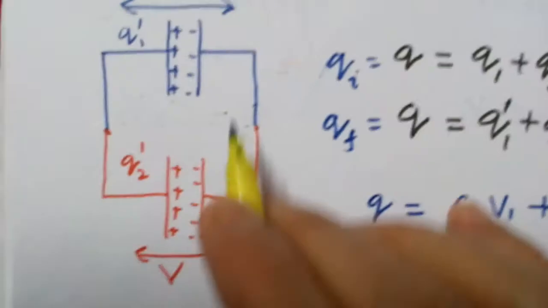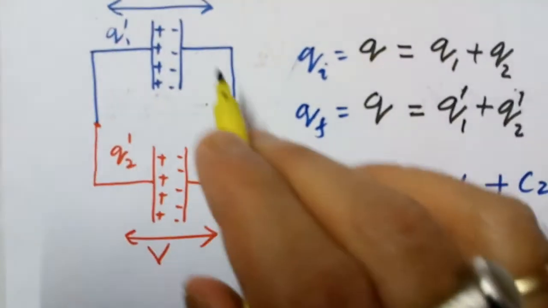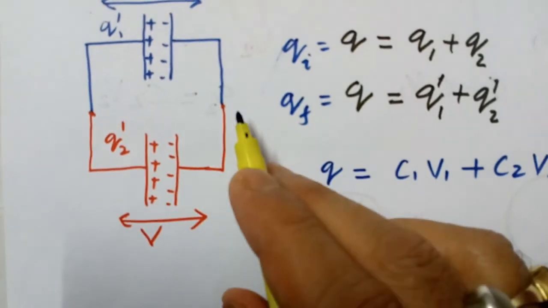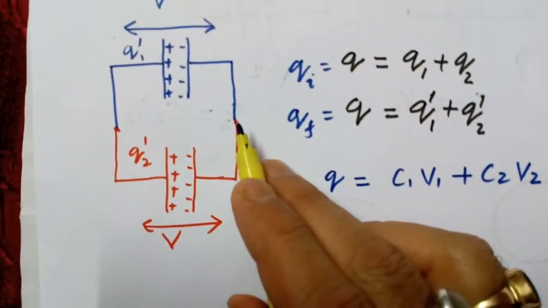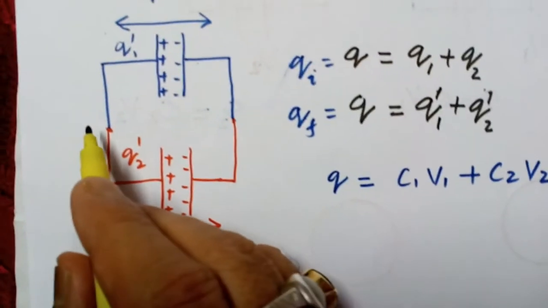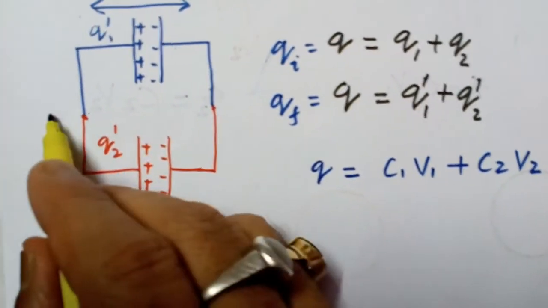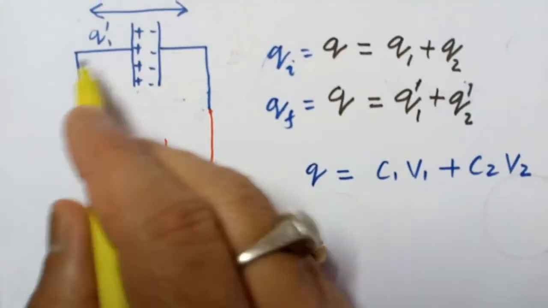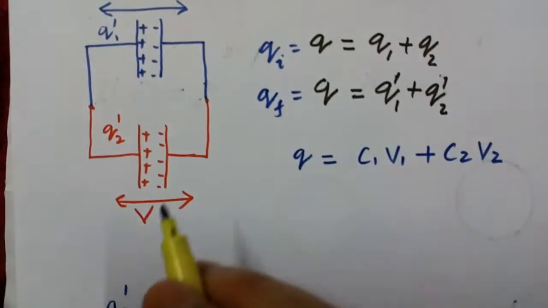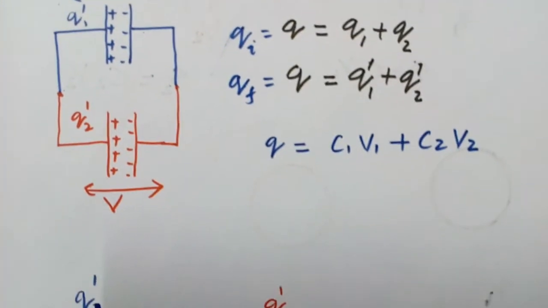Since capacitors are connected like this, the total capacity will be equal to C1 plus C2, because this is equivalent to a parallel combination of capacitors. Suppose if you give charge from here, this will distribute. So this is a parallel combination, and in a parallel combination capacity C is equal to C1 plus C2.